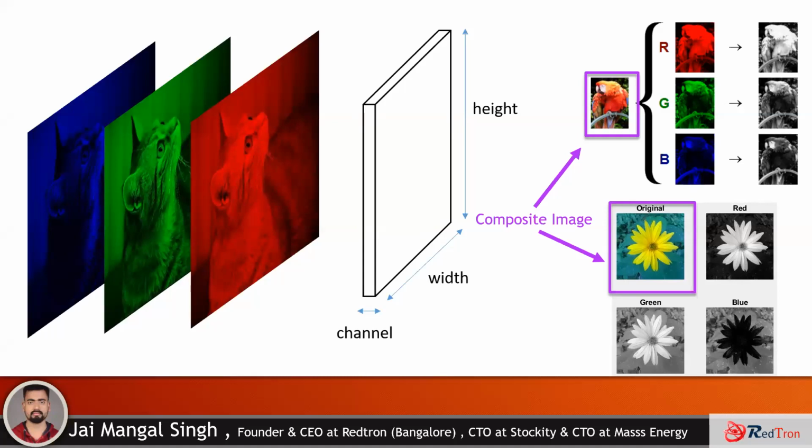Any image taken from any device is made up of a red layer, green layer, and blue layer. And all these layers, when sandwiched together, form a colorful image. That's why it is called a composite image.